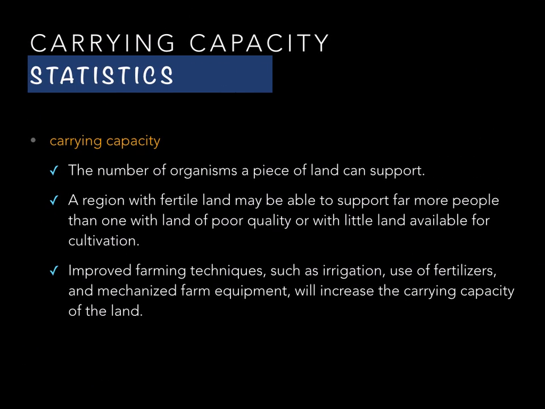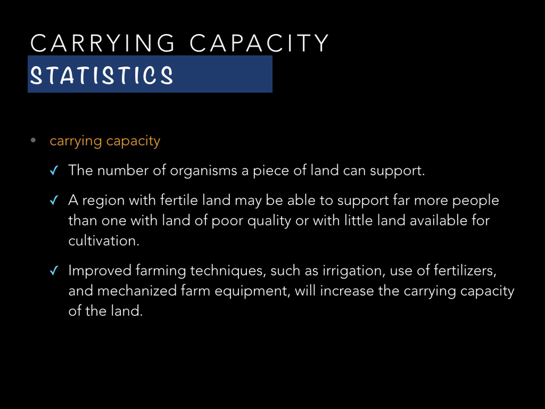Carrying capacity. Since population density can be a little bit misleading, we often use the term carrying capacity, and this refers to the number of organisms that a piece of land can support. If a region has fertile soil, it can support far more people than a region with poor quality land, or an area that has little land available for cultivation.